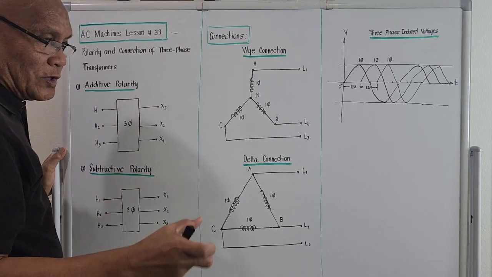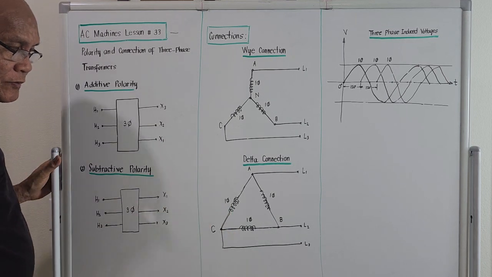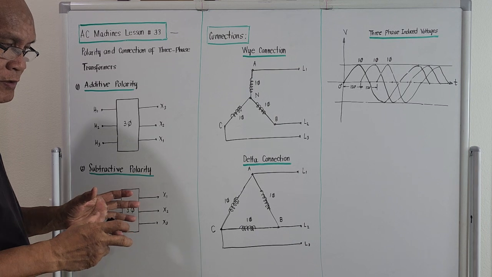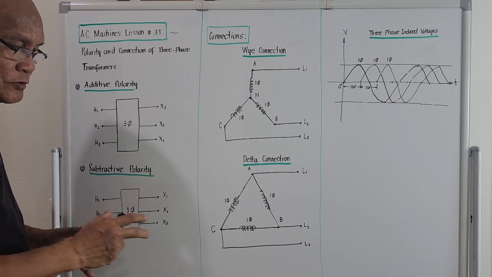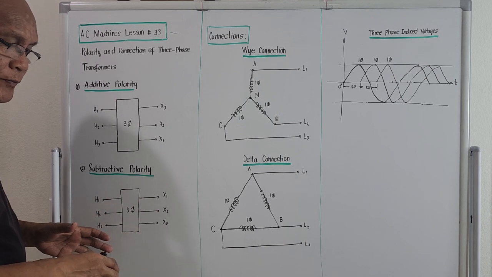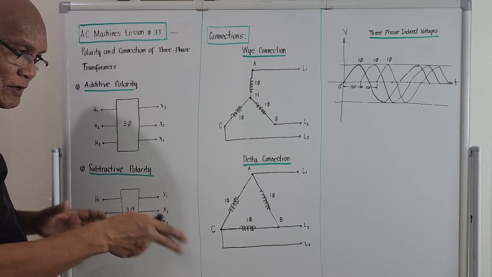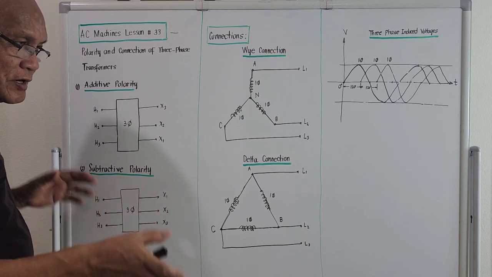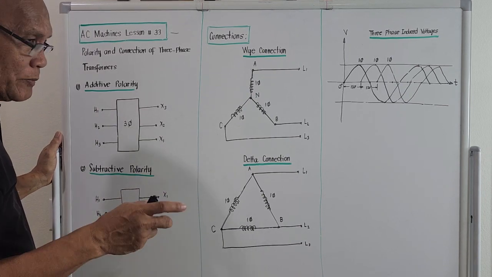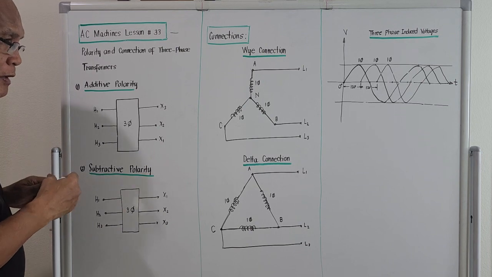So we are done with single-phase transformers. But before we discuss the connection of a three-phase transformer, and why it is called three-phase, which is different from single phase, let's first bring out the polarity connections of three-phase transformers.